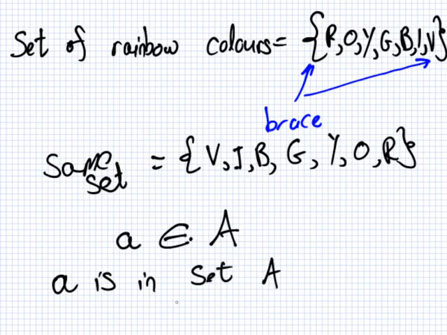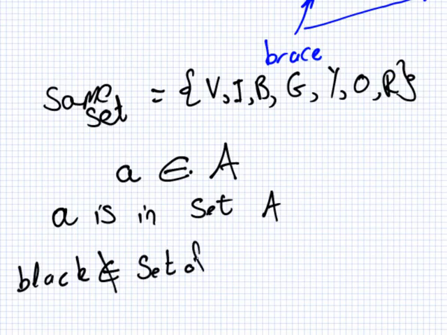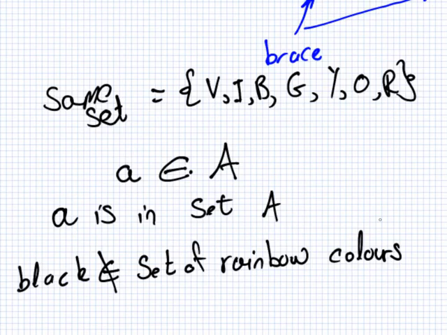And then if I use my rainbow colors, for example, black is not an element of the set of rainbow colors. There is no black on a rainbow.